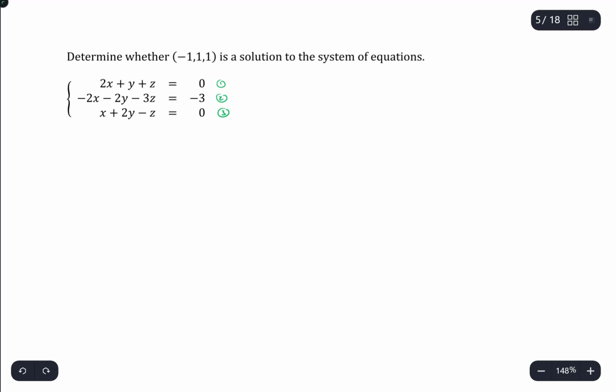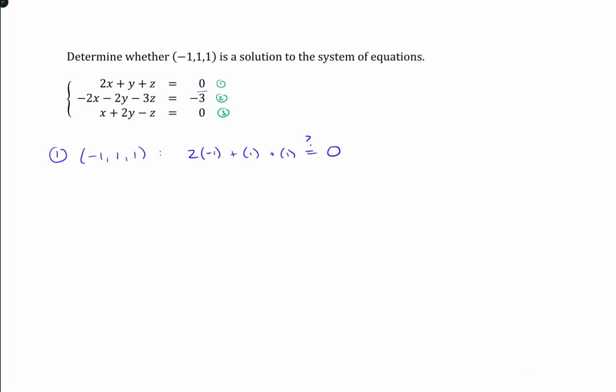So what that means is, for instance, in equation 1, if I take the point negative 1, 1, 1, and plug it into this equation, it would be 2 times the x value, which is negative 1, plus the y value, which is 1, plus the z value, which is also 1, and that's supposed to be equal to this value over here, which is 0.